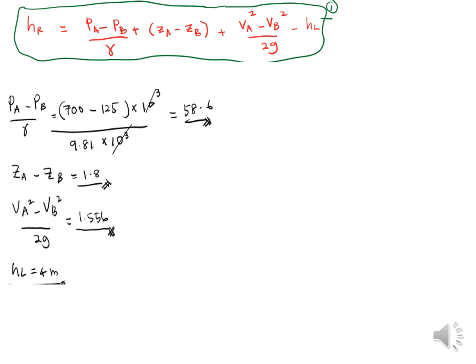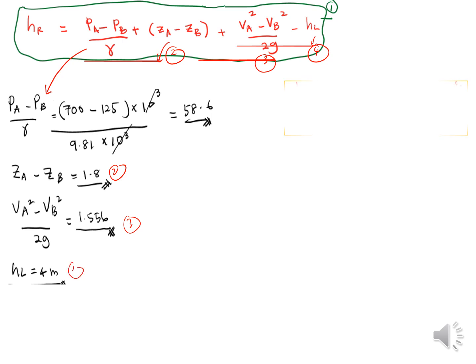Let's say this is term 1, which is 58.6, and this is term number 2, which is 1.8, and this is term number 3, which is 1.556, and term number 4 is the losses, which we got from the question, which is 4 meter.